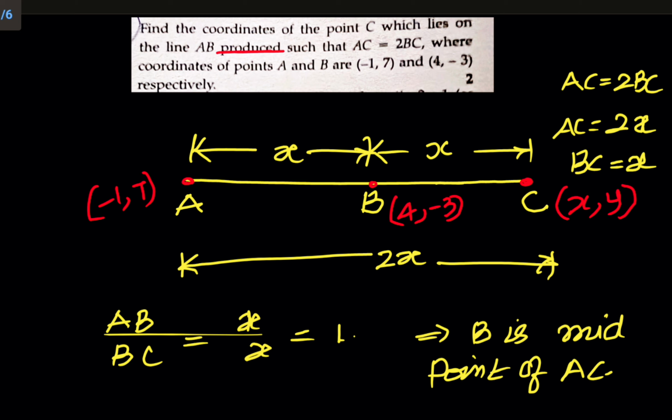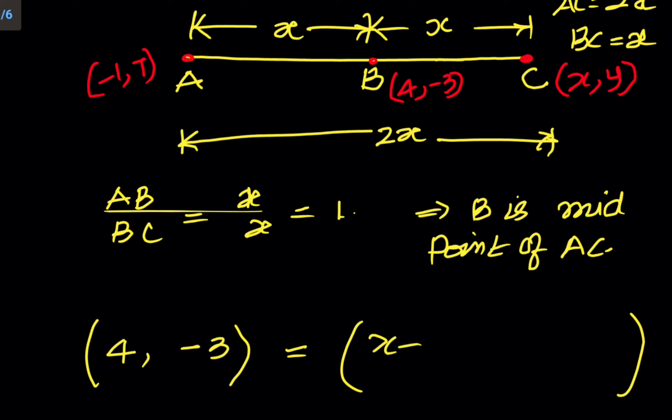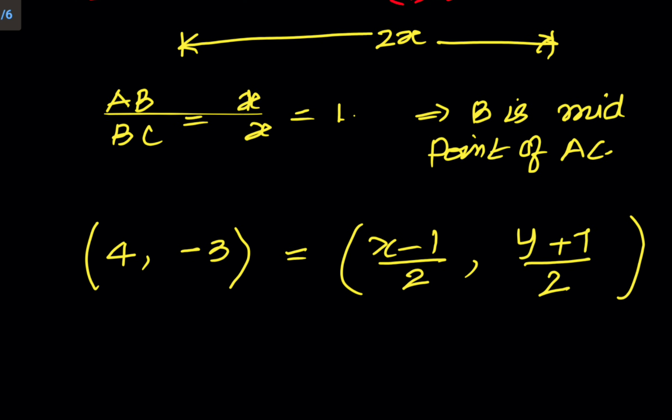Now we can apply the midpoint formula. B is the midpoint of AC, so (4, -3) equals the midpoint of AC: ((x1 + x2)/2, (y1 + y2)/2), that is ((x - 1)/2, (y + 7)/2). Now let us equate them.